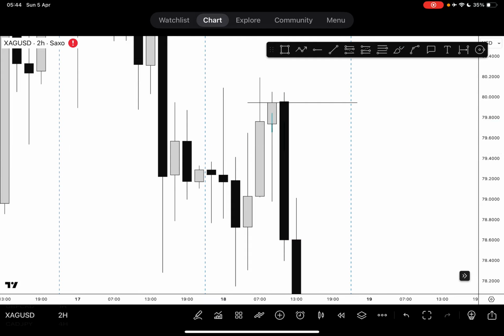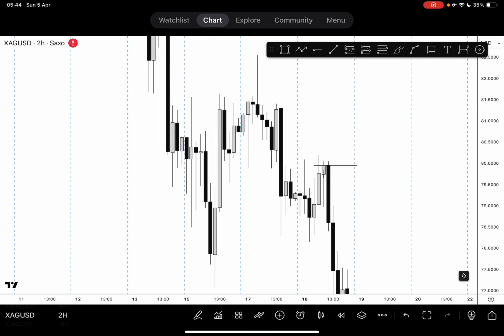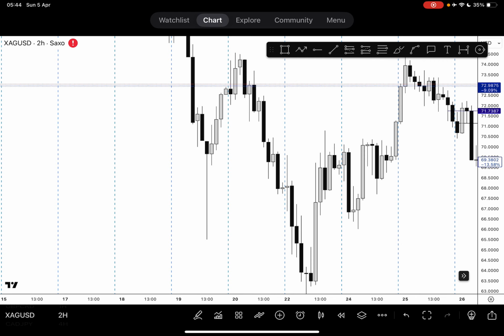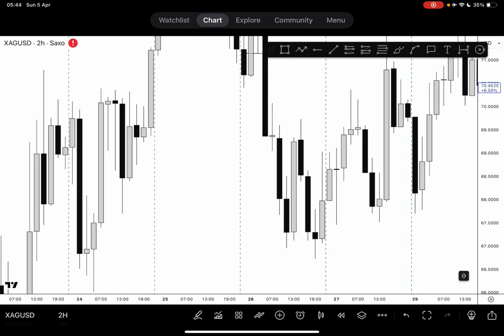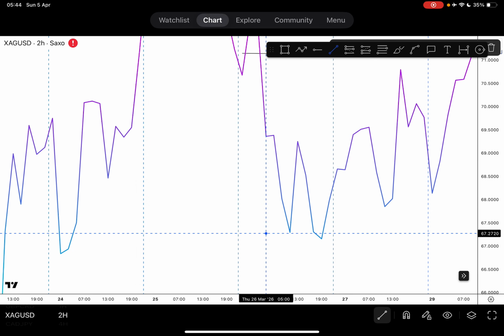Same thing with this one. So this is a V-shaped key level.